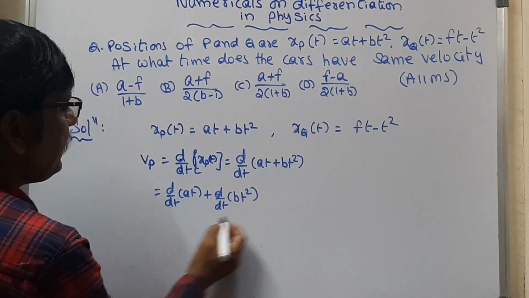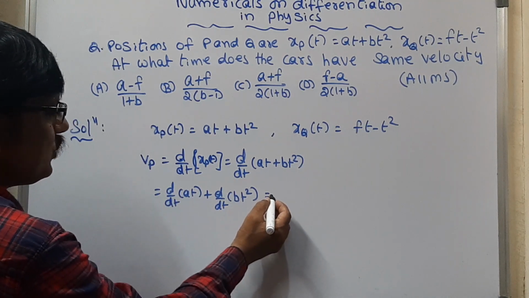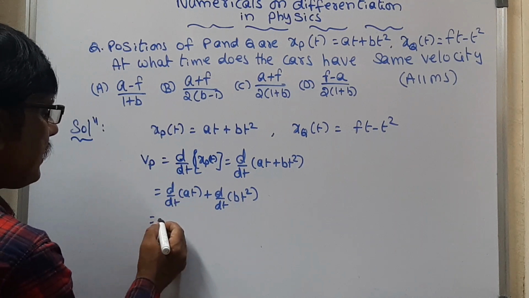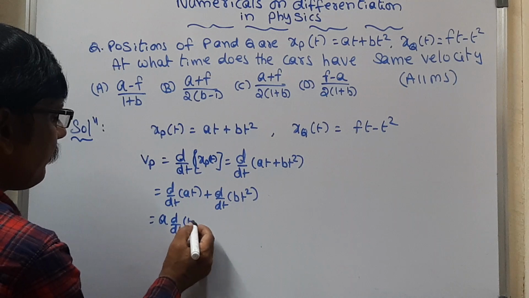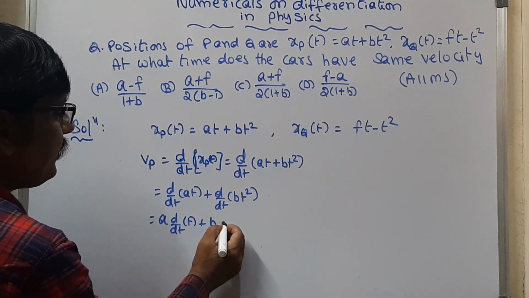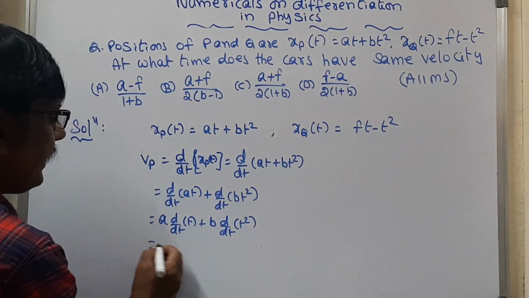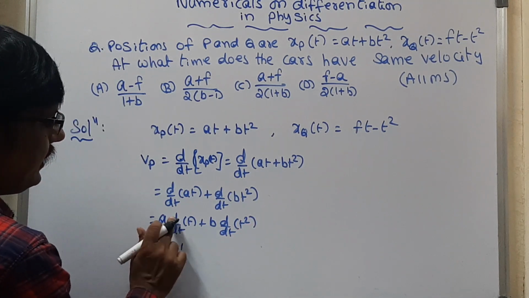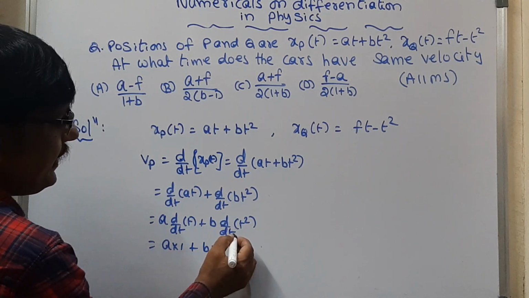So how much will we get now? Here a is a constant, so a into d by dt of t plus b into d by dt of t square. Then a into dt by dt, which is 1, plus b into d by dt of t square.